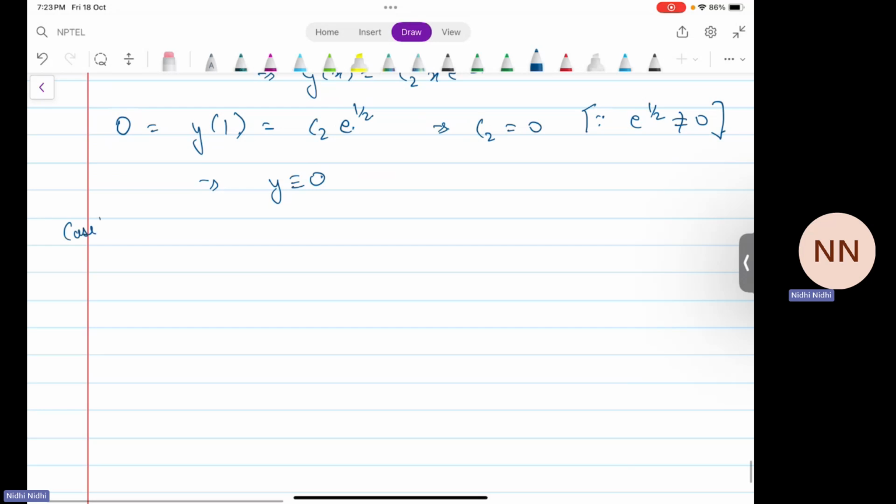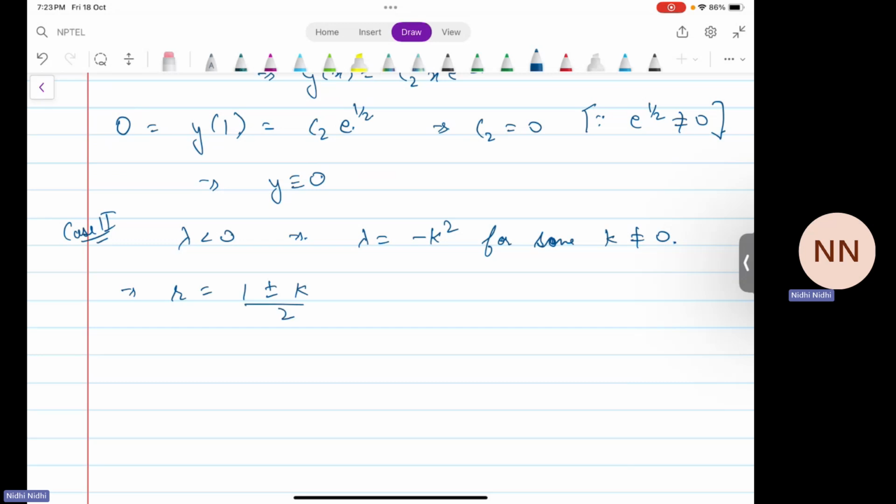So let's move to case 2, when lambda is negative. We can write lambda equals minus k square for some k non-zero. Well, in that case, r is equal to (1 plus minus k)/2.